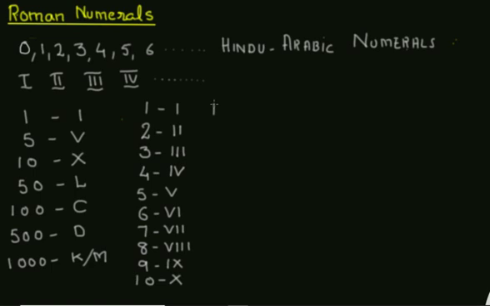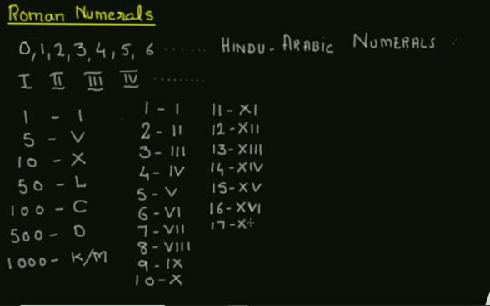That is, you have 11 would be 10 plus 1, 11. 12, 10 plus 2, 12. 13, 10 plus 3, 13. 14 is 10 plus 4, 14. 15, 10 plus 5, 15. 16, 10 plus 6, 16. 17, 10 plus 7, 17. 18, 10 plus 8, 18. 19, 10 plus 9, 19. 20 would be 10 plus 10, 20.